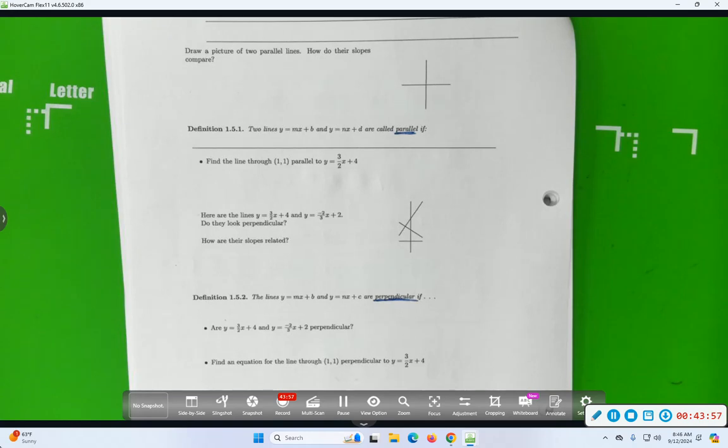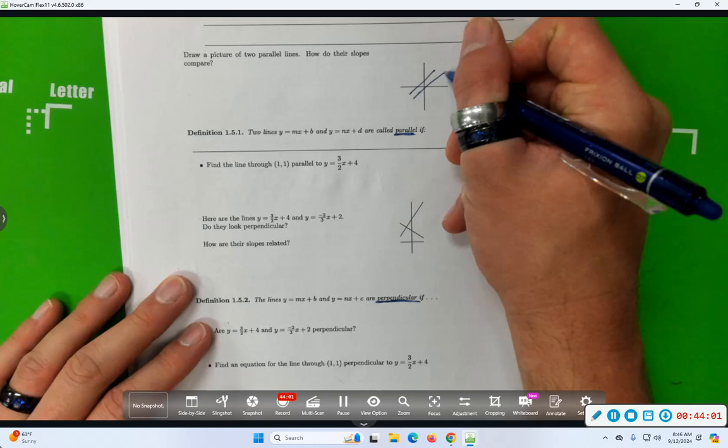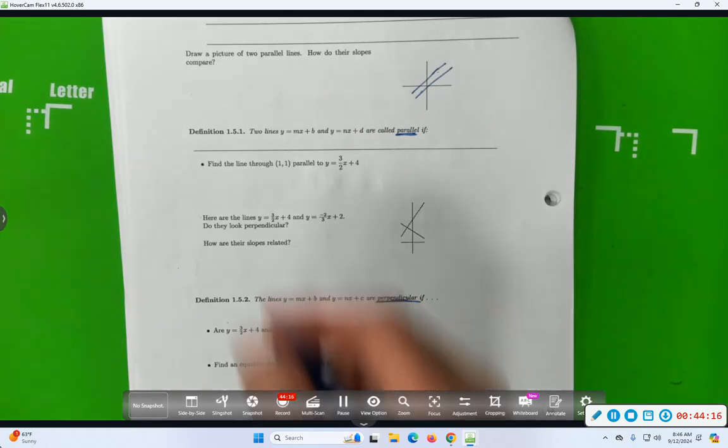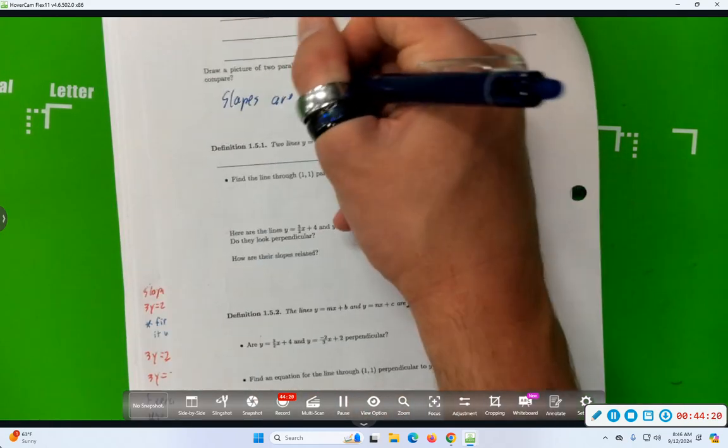To think about what these words mean, let's start with just some pictures. 2 lines are parallel if they're just lines in the plane that never cross. If there are 2 parallel lines, what can you tell me about their slopes? Identical. They're the same. 2 lines are parallel if and only if the slopes are equal.